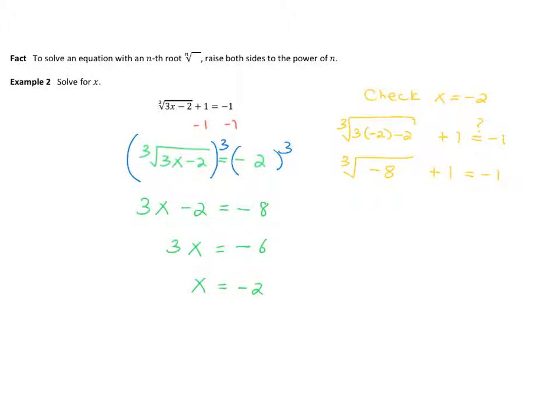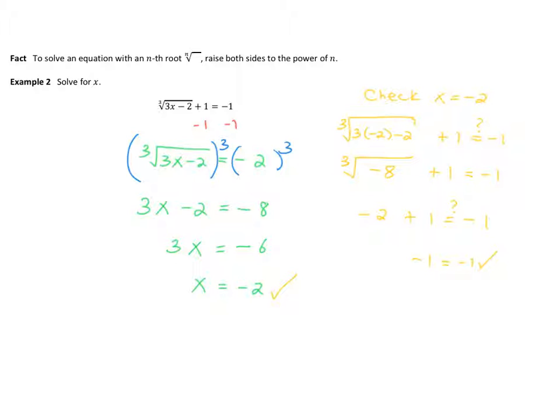Is that equal to negative 1? Well, what's the cube root of negative 8? That is a number such that when you cube it, it's equal to negative 8. Therefore, I know the answer is going to be negative 2. And is negative 2 plus 1 equal to negative 1? And the answer is yes. This is in fact a true statement. So x equals negative 2 is a solution to the original equation.